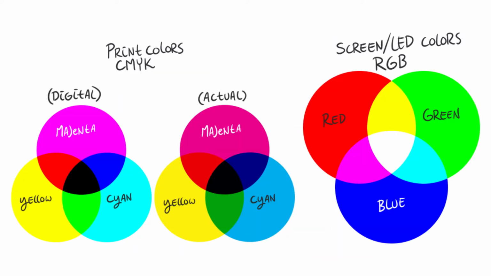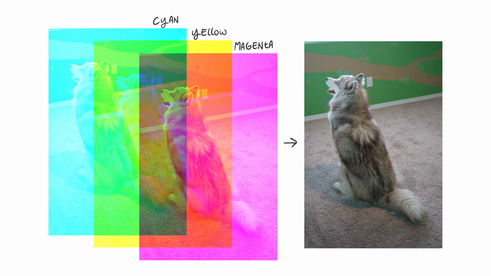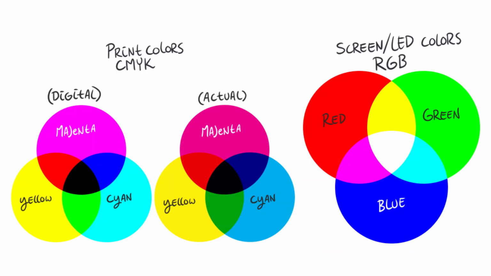Here's a quick example of print colors versus digital colors. When you're doing print colors, you are layering up different amounts of cyan, yellow, and magenta, as well as black, to create an image. You can see that magenta plus yellow equals red, magenta plus cyan equals blue, and yellow plus cyan equals green, and then all the colors together equal black.